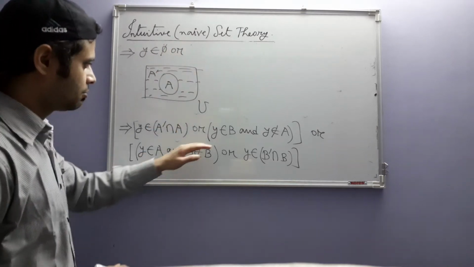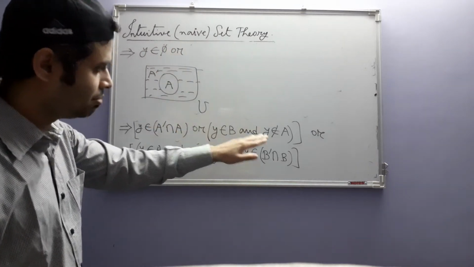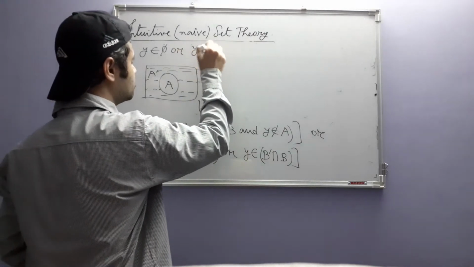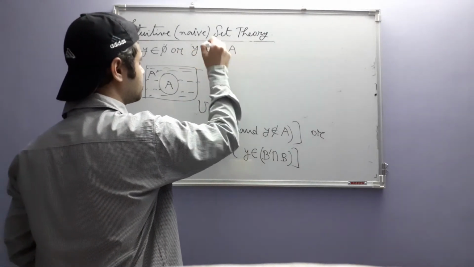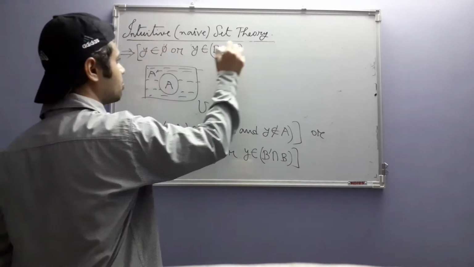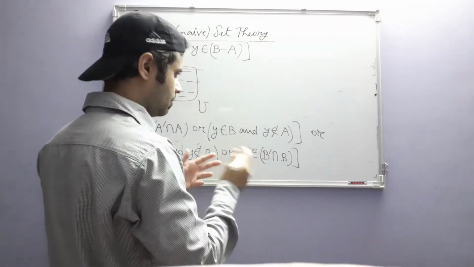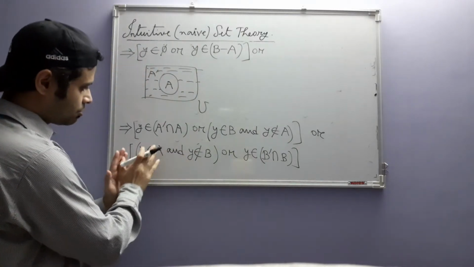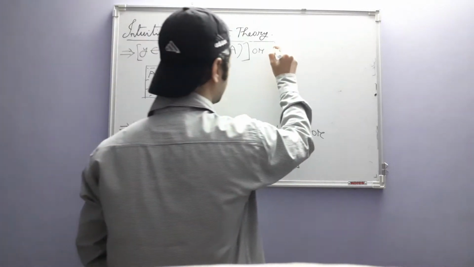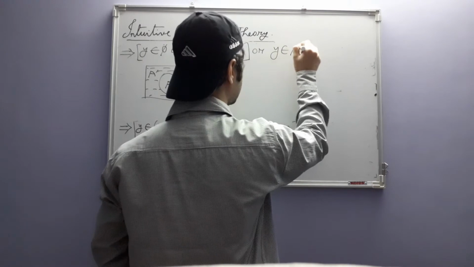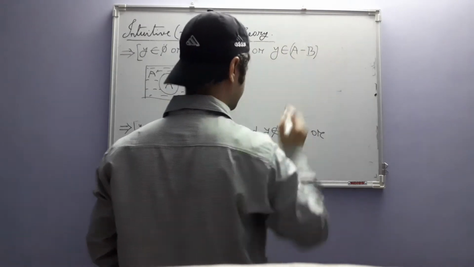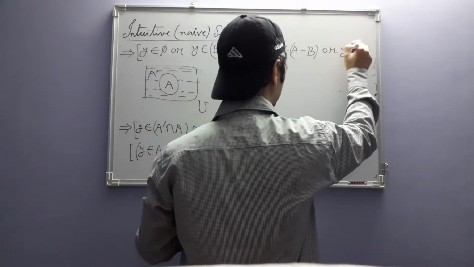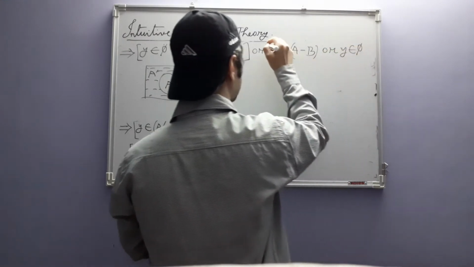Or now you look at this, y belongs to B and y does not belong to A, which means y belongs to B minus A. Or here y belongs to A and y does not belong to B, which means y belongs to A minus B. Or similarly here y belongs to the empty set.